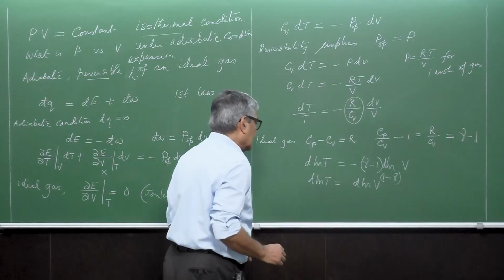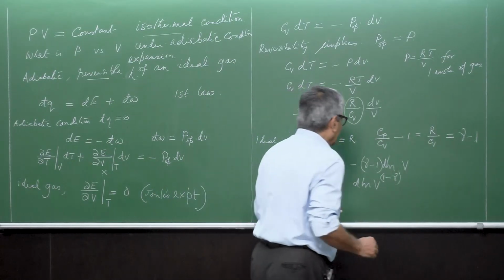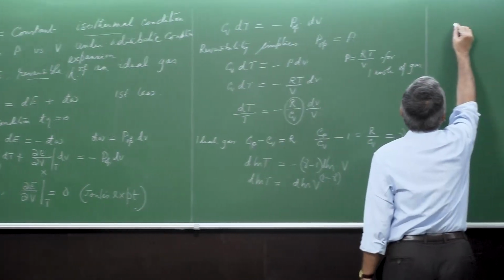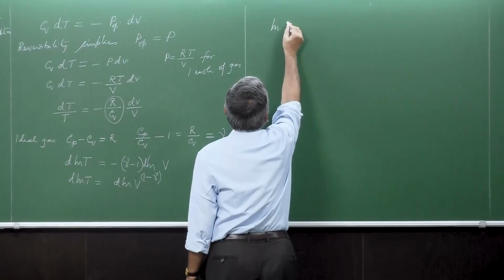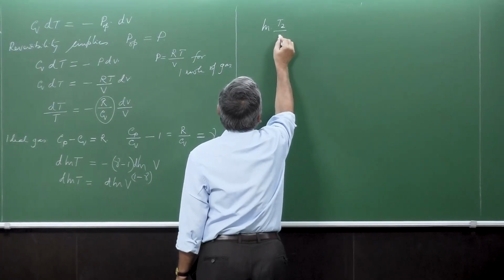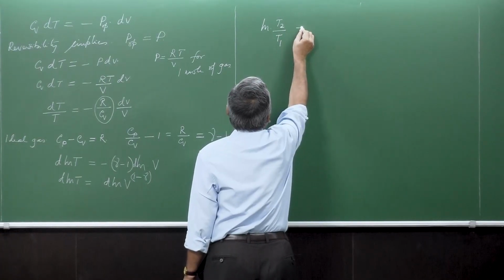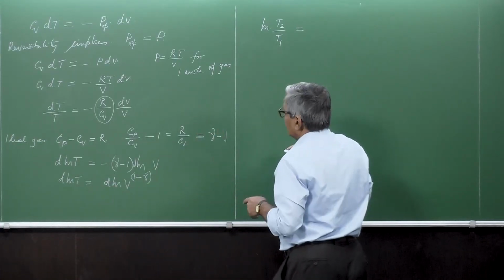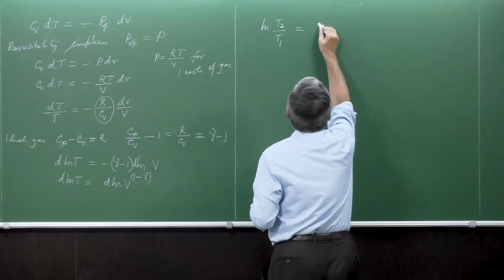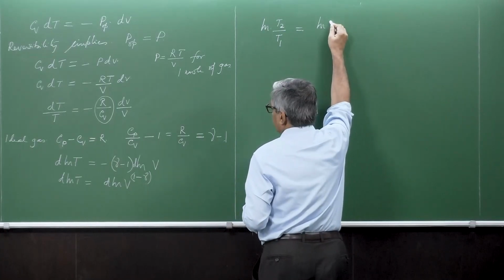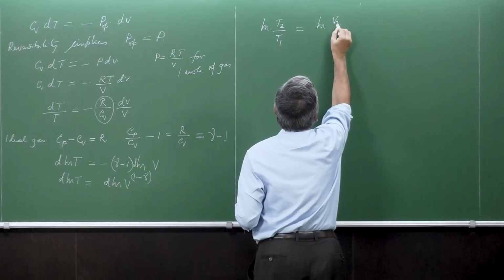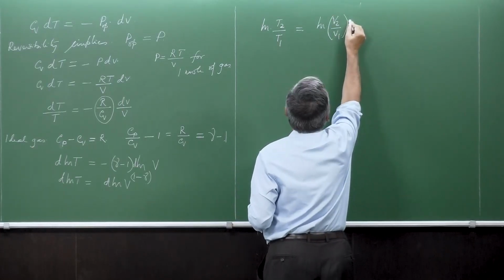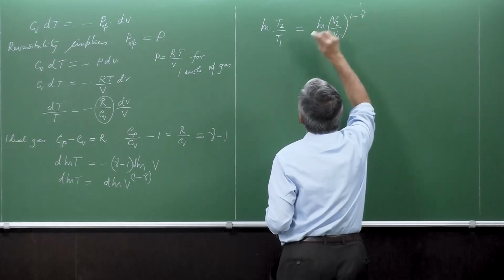Once you know this, I can integrate and see that this is ln T2 by T1, integrating between the two temperatures T1 to T2, equal to ln V2 by V1 to the power 1 minus gamma.